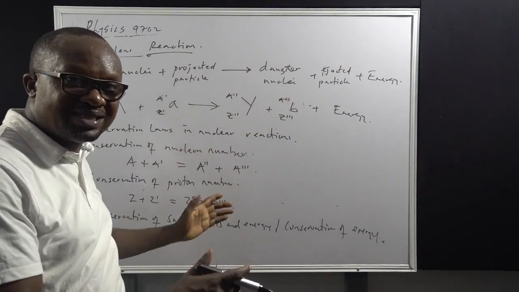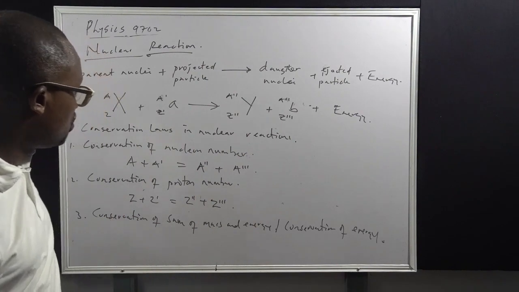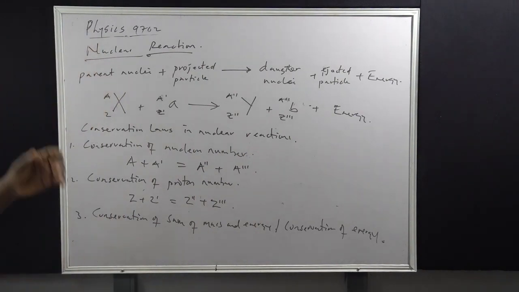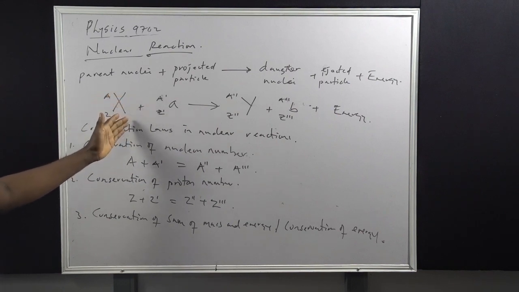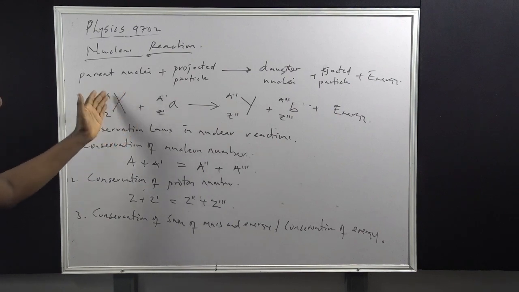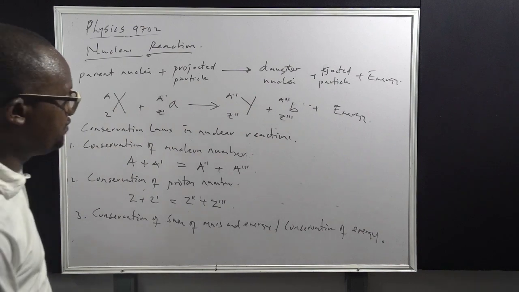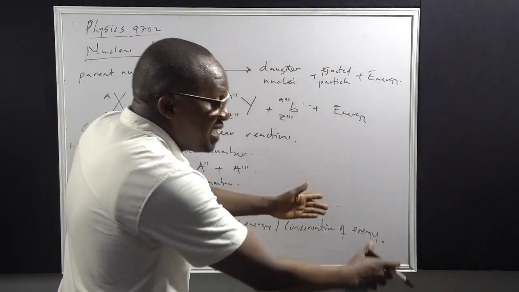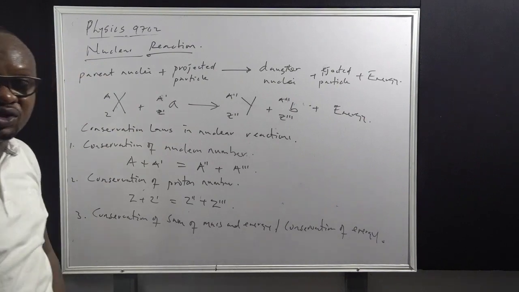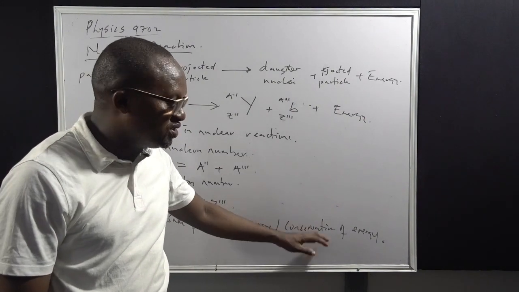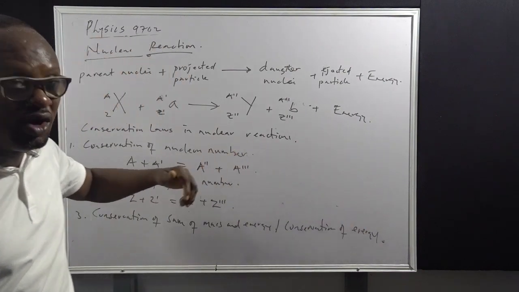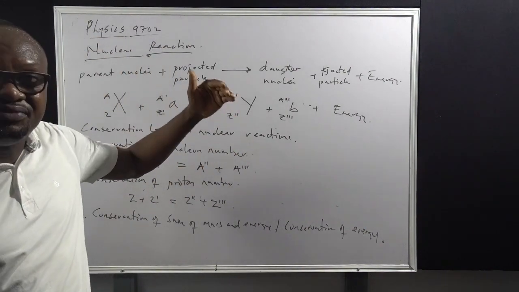The sum of mass and energy. So what that means is that if you add the energy values of the mass and energy on the left hand side, it is balanced by the energy values of the mass and energy on the right hand side. That is why we are saying that what is actually balanced is the conservation of energy, because every mass has its energy value.